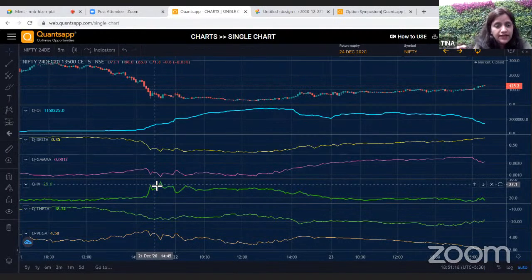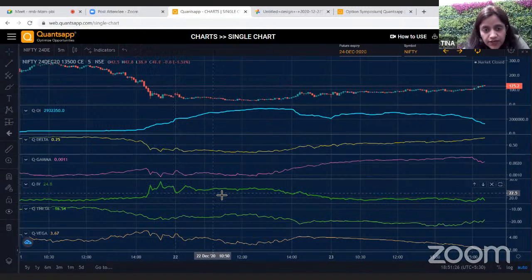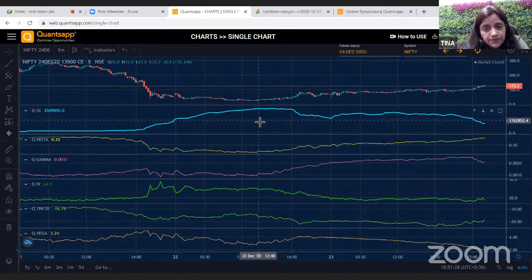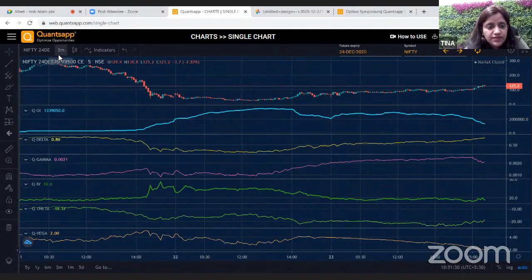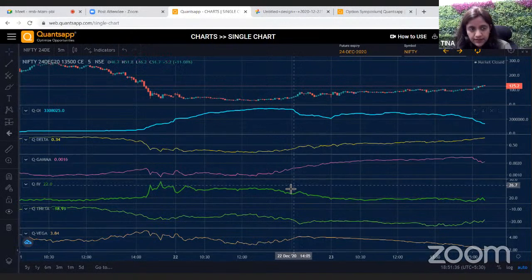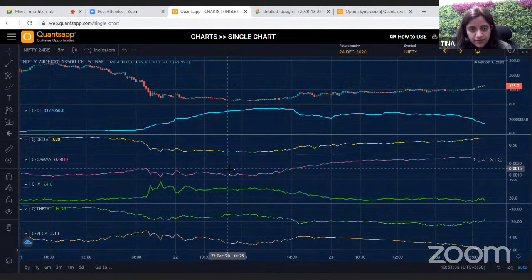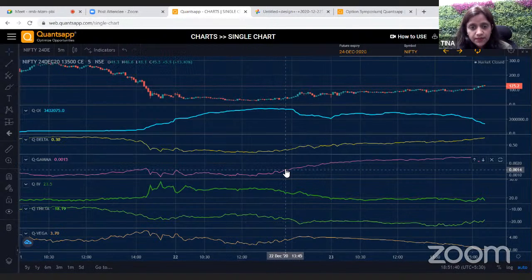Spiking IV always denotes that strong momentum is setting in. The momentum could be bullish, the momentum could be bearish. Everything you can look at on an intraday basis. The time intervals are in 5 minutes, so you can look at 5, 10, 15, 30, 1 hour charts. Then you have this gamma. So clear cut, if you look here.